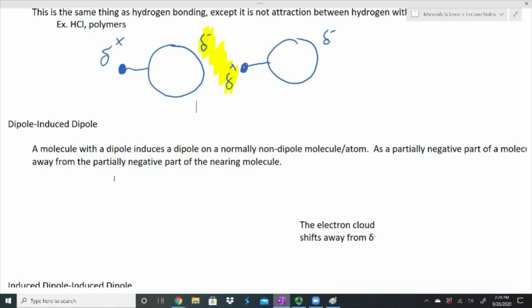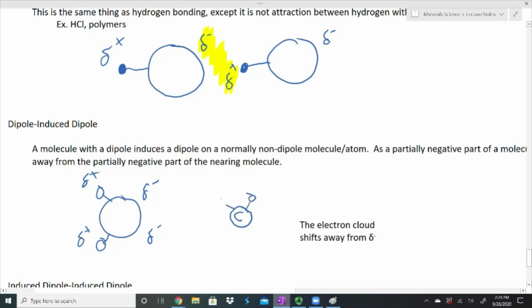And so I could take my water molecule. I have my water, partially positive side here, and I have my partially negative side here. And that's going to get close to, let's say, something like methane. And methane was carbon. I'm going to put a C in here so we know that that's carbon. And carbon has hydrogens around it.